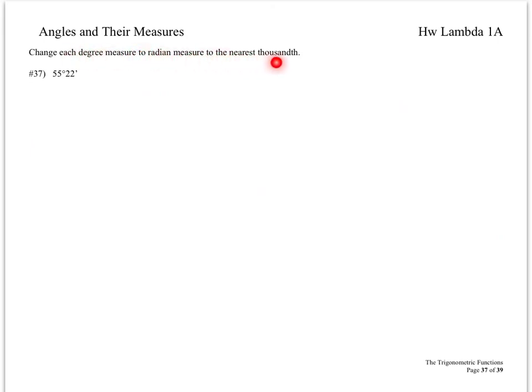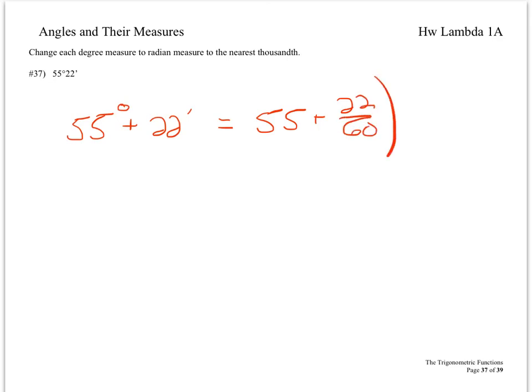Supposed to change each degree measure to radian measure to the nearest thousandth. 55 degrees 22 minutes is the same as saying 55 degrees plus 22 minutes. If you want to change minutes to degrees, we could write this as 55 plus 22 over 60 degrees.